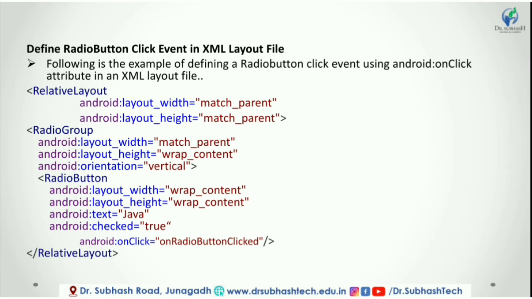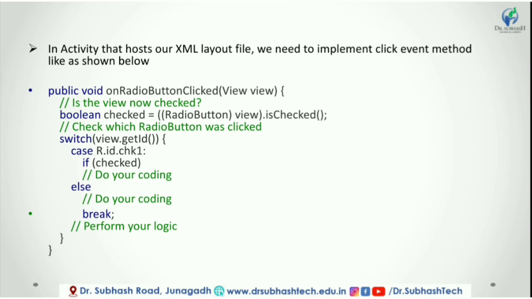Following is an example of defining a radio button click event using the android:onClick attribute in the XML layout file. In the activity that hosts our XML layout file, we need to implement the click event method as shown below.